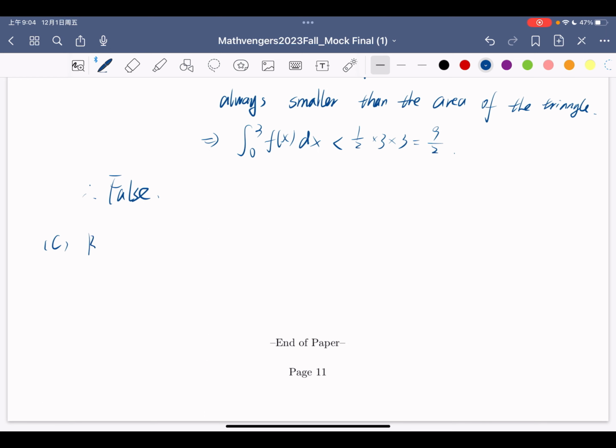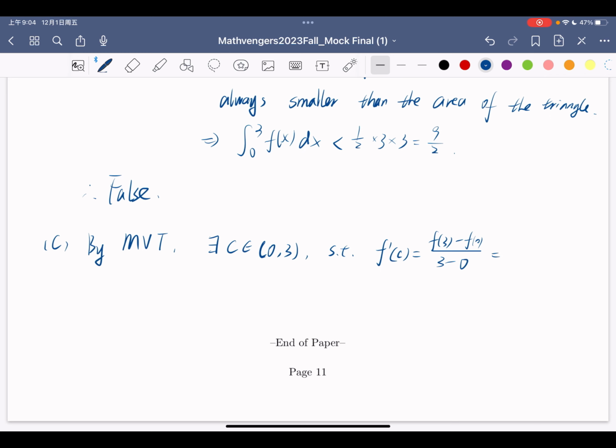We can use the mean value theorem, which tells us there exists some c in the open interval (0, 3) such that f'(c) equals (f(3) minus f(0)) over (3 minus 0).